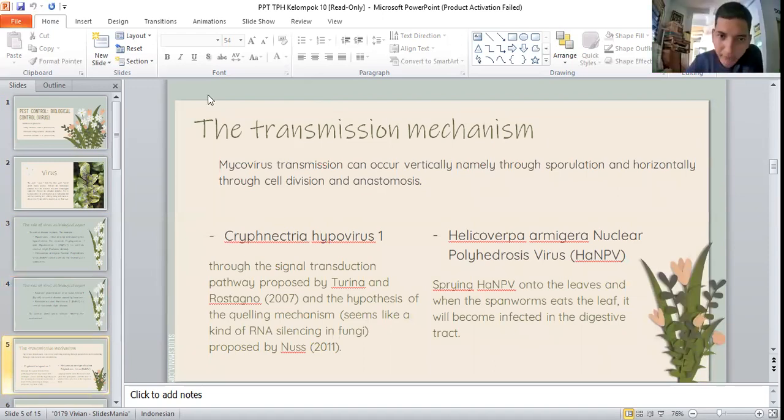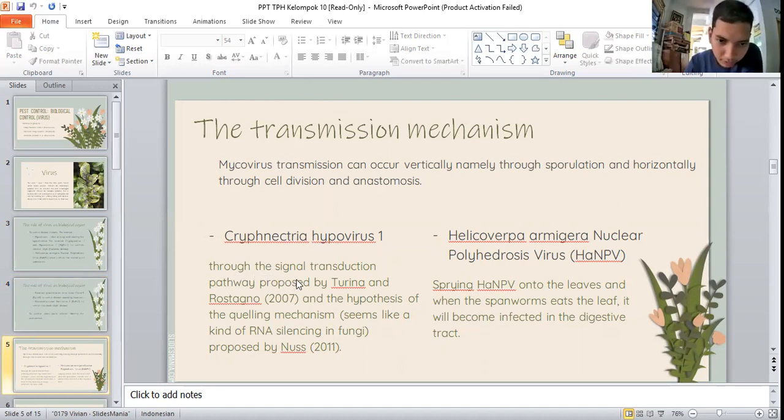The transmission mechanism. Mycovirus transmission can occur vertically, namely through sporulation, and horizontally through cell division and anastomosis. Number 1, Cryphonectria hypovirus 1.